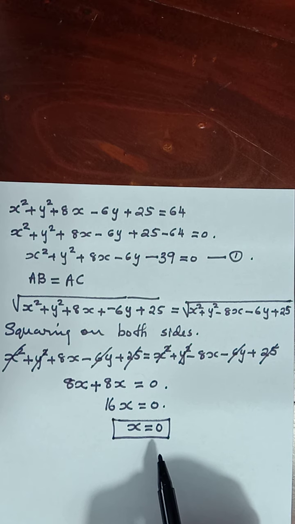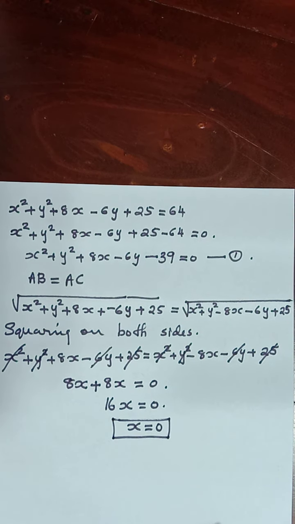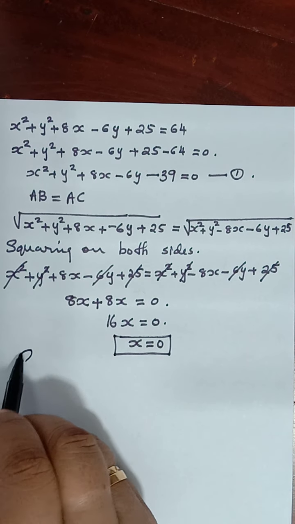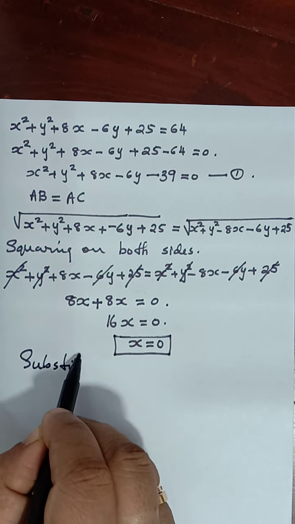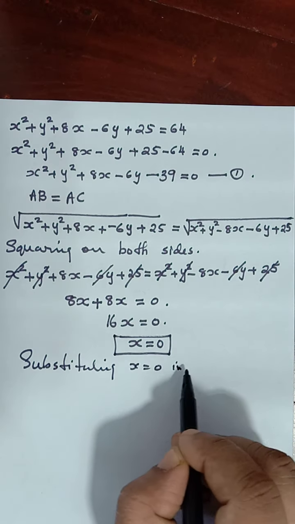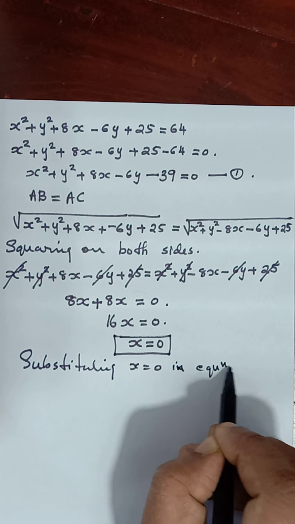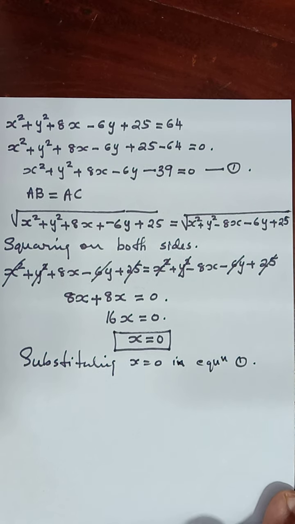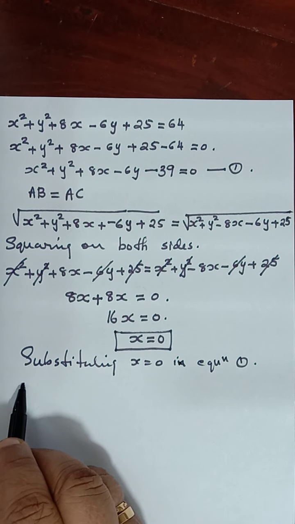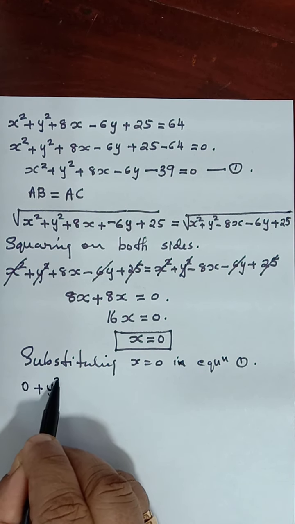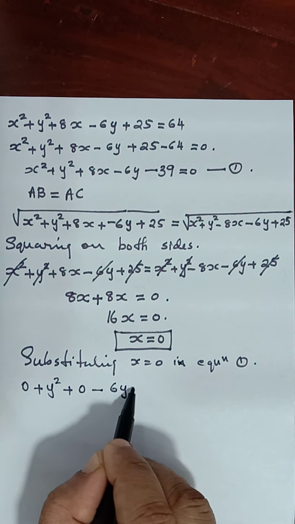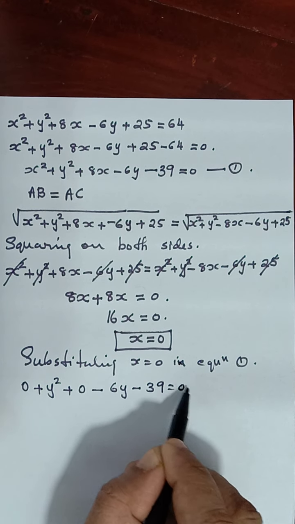X value we got. Let us substitute this in equation number 1 so that we'll be able to get the y value now. So substituting x is equal to 0 in equation 1, that is 0 square is 0 plus y square plus 8 into 0, minus 6y minus 39 equal to 0.